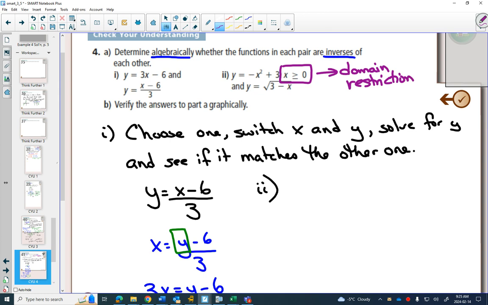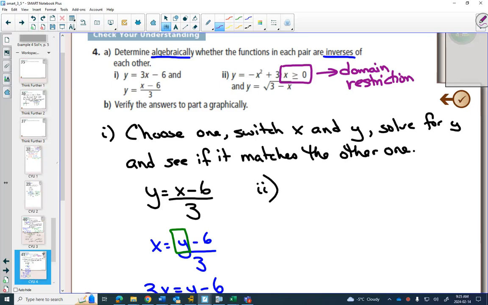This is probably the first time you've ever seen an equation written in a question with a domain restriction attached to it. They're saying, here I have negative x squared plus 3, which is a parabola being flipped upside down, translated 3 units up, and I have a domain restriction that I'm only taking half of it.